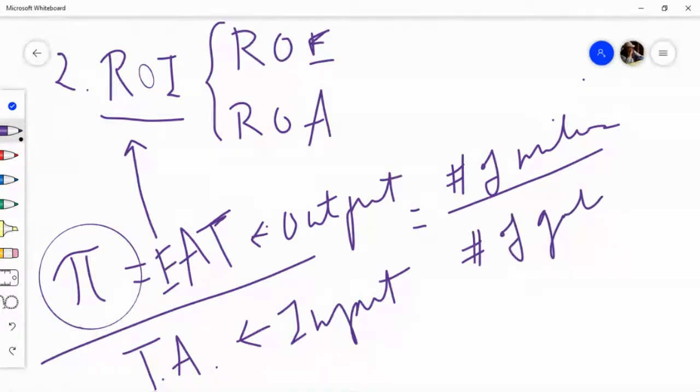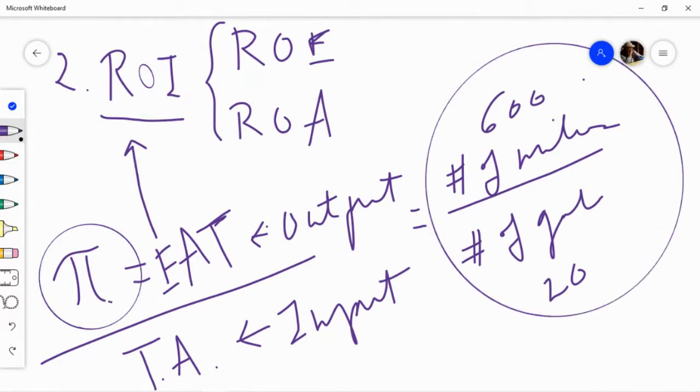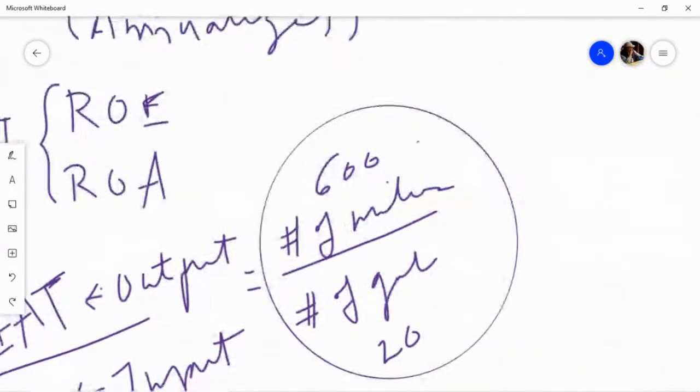Let's say the fuel tank of your car holds up to 20 gallons. You drove the car until you ran out of gas, and you got 600 miles. Then we know the gas mileage is 30 miles per gallon. It's simple.